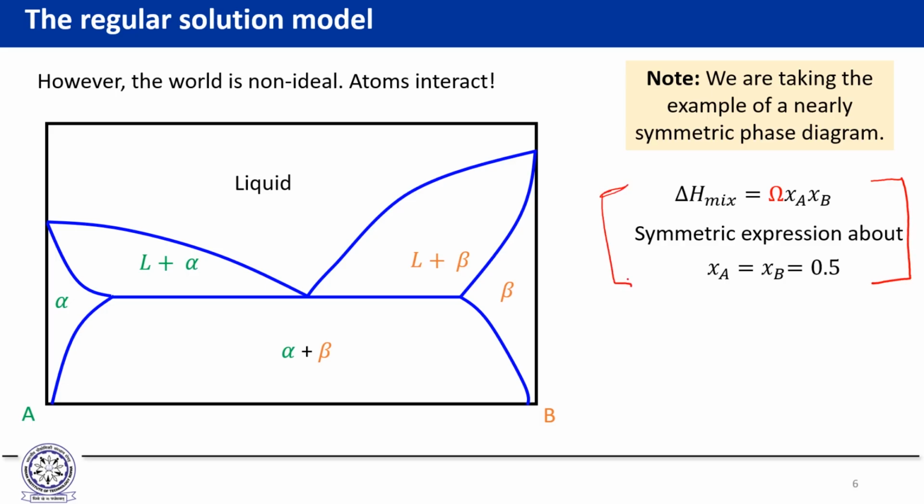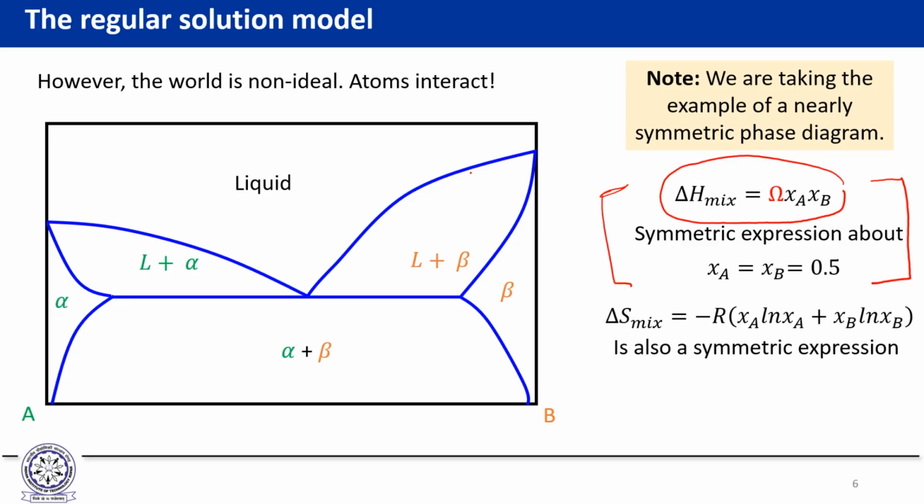In the regular solution model, the delta H mix is given by omega times XA times XB. This expression is symmetric about XA and XB being 0.5. So now you can start understanding why, when we consider delta H mix as a very symmetric expression in the regular solution model, it makes sense to look at examples where the phase diagrams are fairly symmetric.